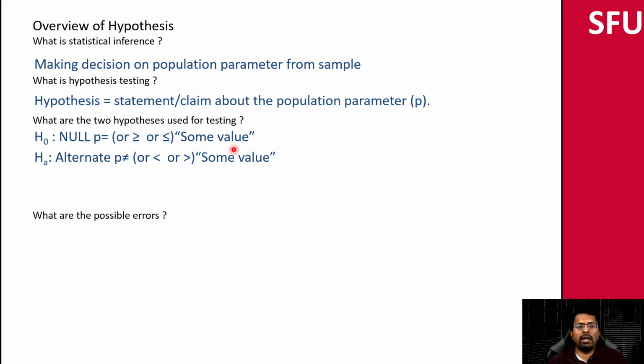So if the null hypothesis is that the parameter is equal to some value, then your alternate hypothesis would be that the parameter is not equal to the value, so it's either greater than or less than that value. In the case where the null hypothesis is that the parameter is greater than or equal to some particular value, your alternate hypothesis would be that the same parameter is less than that value, and similarly for the less than or equal to case.